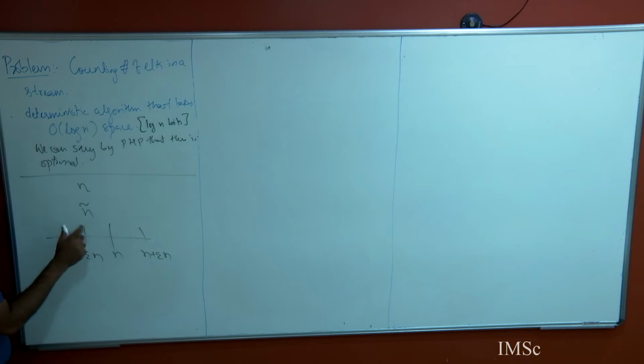This is basically a 1 plus epsilon approximation to the number which we have been trying to achieve.